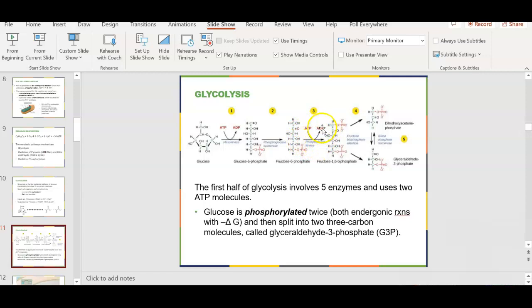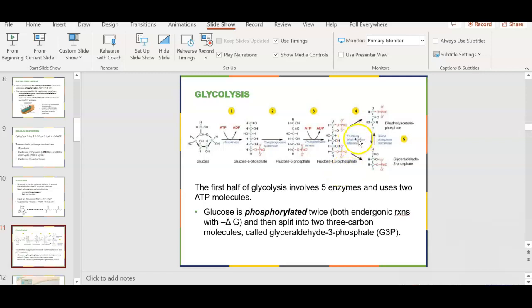Here's another coupled reaction using another kinase. This is phosphofructokinase, but at this moment, don't worry about that. And now we see that the phosphate that's removed from ATP is going to phosphorylate fructose 6-phosphate into now fructose 1,6-bisphosphate.